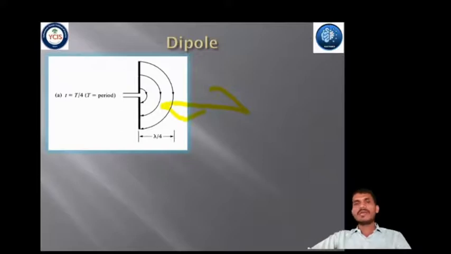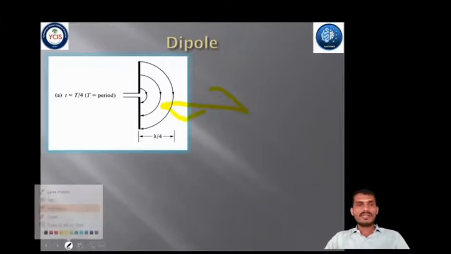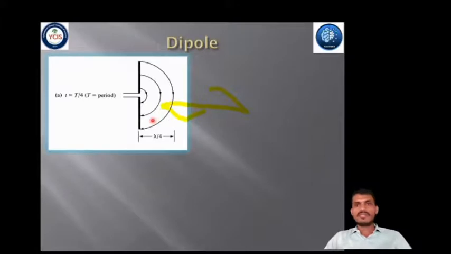By using this figure, you can see that there is a creation of three different half cycles, three different waves of the electromagnetic signal.